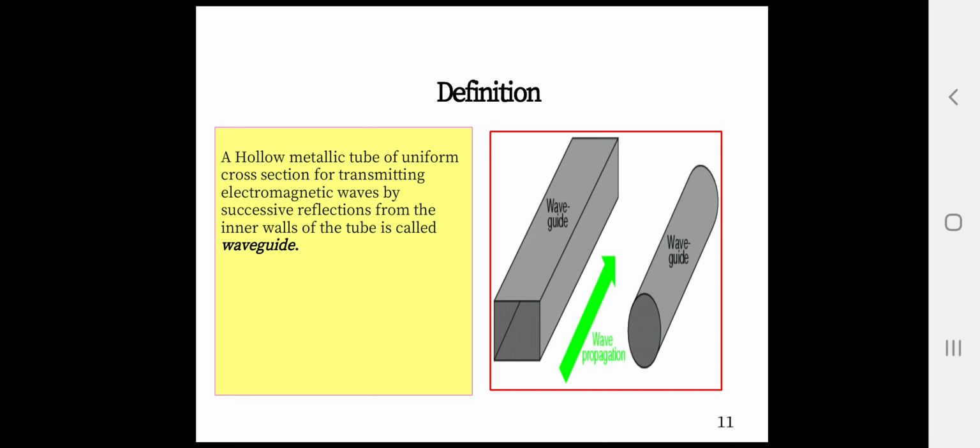And how can you define a circular waveguide? A hollow metallic tube of uniform circular cross section for transmitting electromagnetic waves by successive reflection from the inner wall of the circular tube is called a circular waveguide.